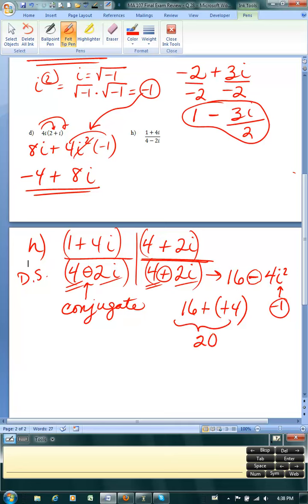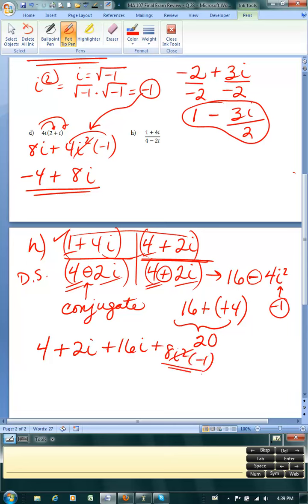Now I'm going to FOIL the numerator up here and write it down here. The first times the first, 1 times 4 is 4. The outside, 1 times 2i is 2i. Inside is 16i. And the end is 8i squared. 8i squared, i squared is negative 1.